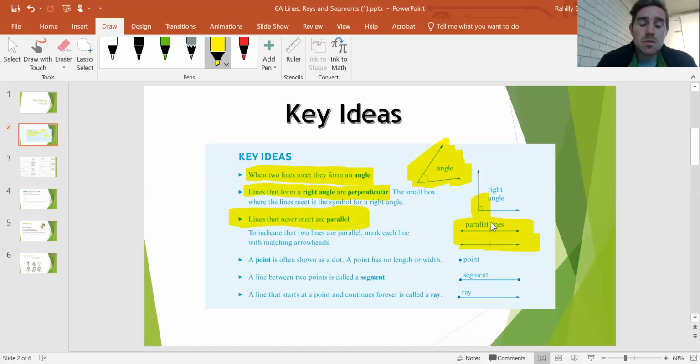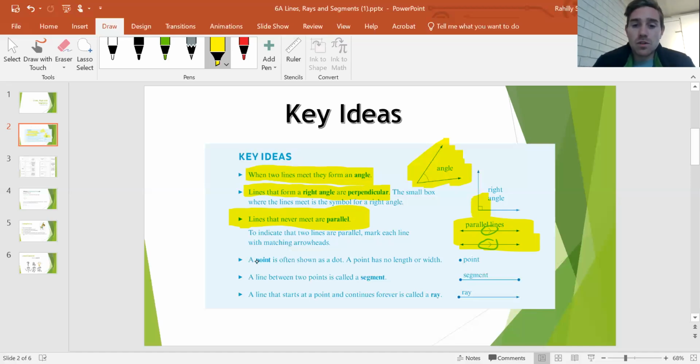When we're drawing parallel lines, this is important: to indicate that two lines are parallel, mark each line with matching arrowheads. Can you see here that these parallel lines have matching arrowheads? That's how you know those lines are parallel. If you've got more than one set of parallel lines, you're going to have to add more than one arrow depending on the pair that you have.